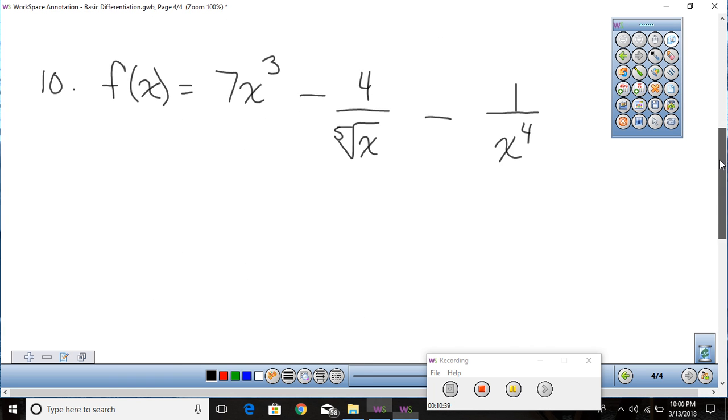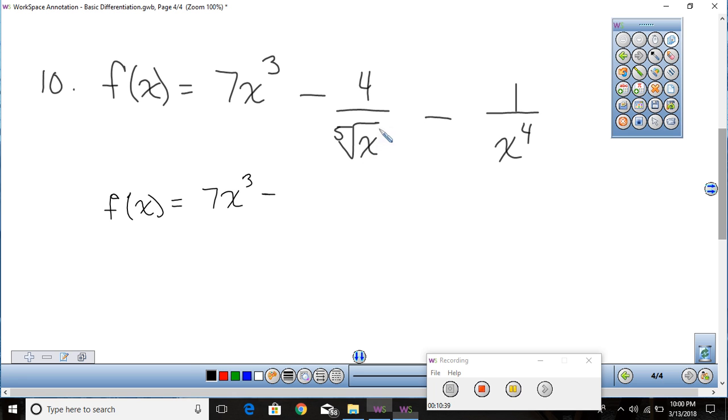Okay, 2 more of these. All right, so like I said, don't take the derivative until you have written everything like you want it. So we don't want anything at all in the denominator. So I'm going to move everything to the top.